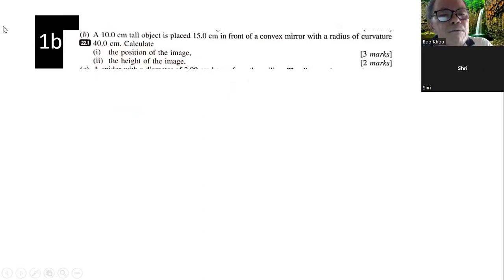A 10 cm tall object is placed 15 cm in front of the convex mirror. The radius of curvature is 40 cm. Calculate the position of the image. So what is your answer? What's your U?